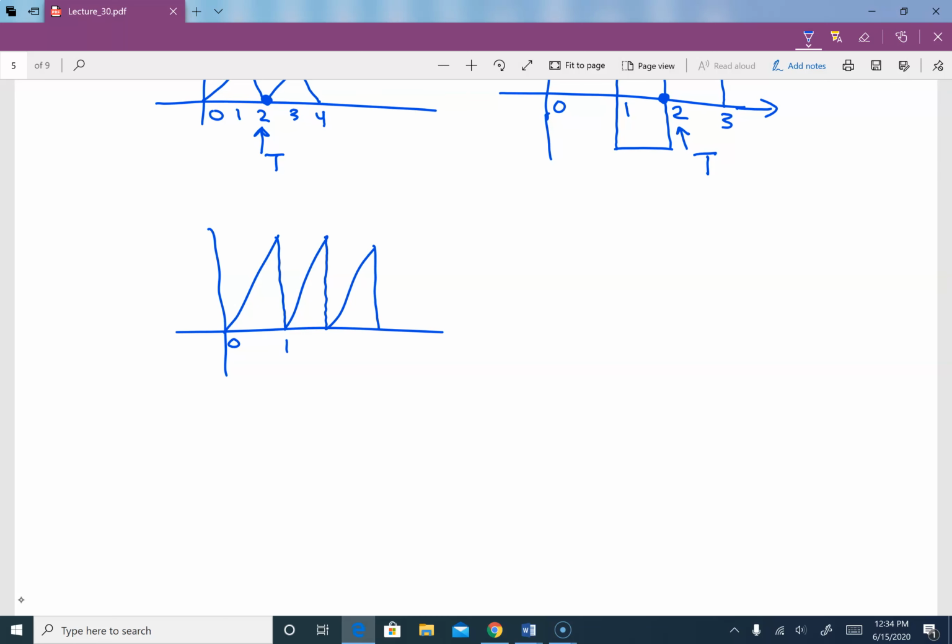This is 0, this is 1, 2, 3. If you look at this, the waveform is going to repeat itself at this point. That means this is our T.